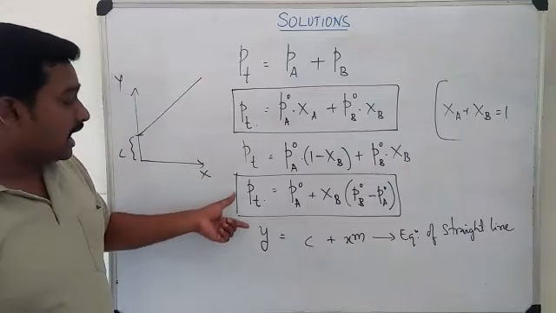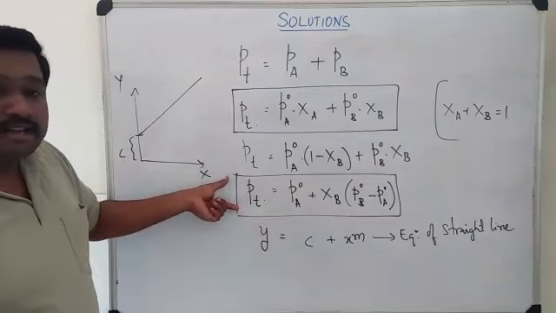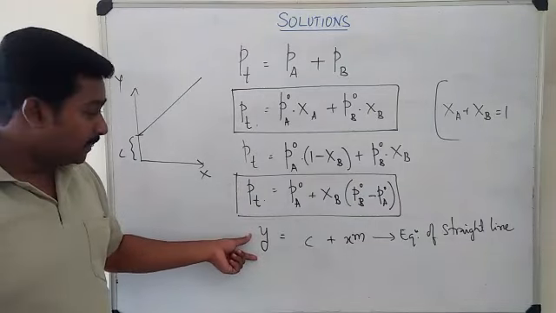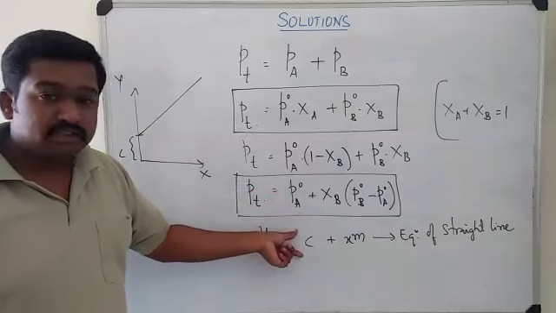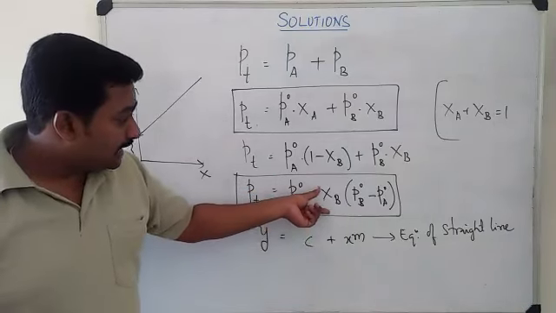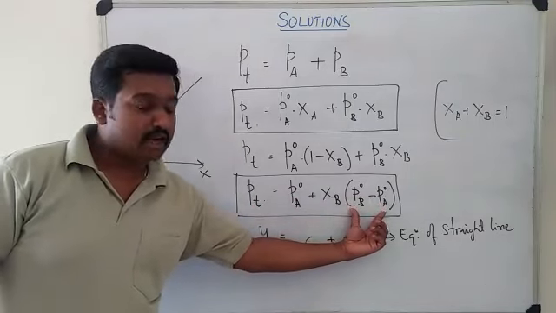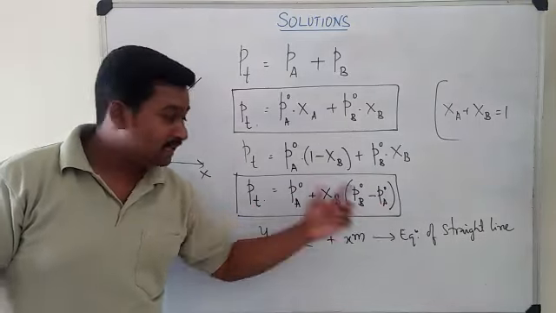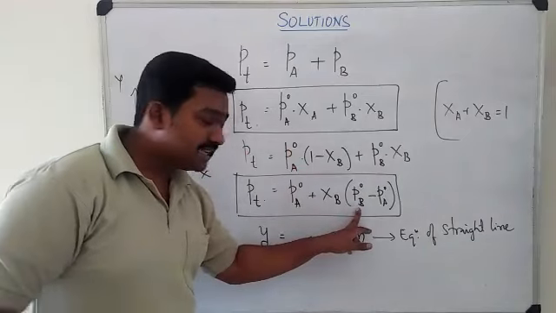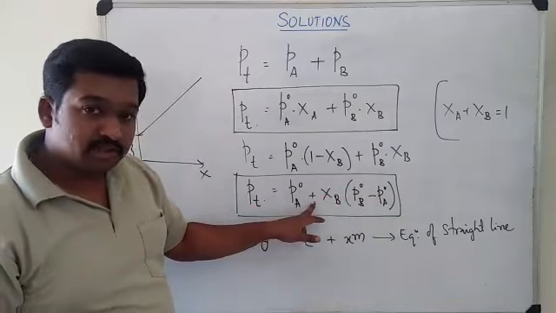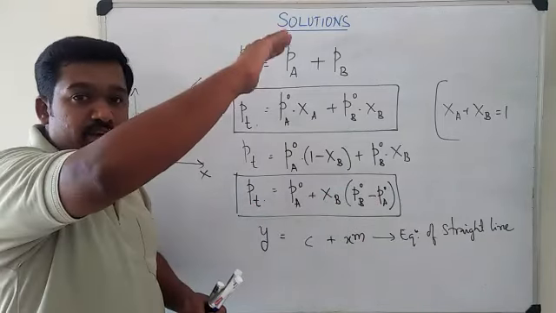Similar to this, I can apply this to my equation where Pt can be compared with the y, Pa naught can be compared with the intercept, xb is again x-axis, pb naught minus Pa naught. And here is the point actually. If at all pb naught is greater than Pa naught, you will have the value positive, which means you will get a line sloping upward.